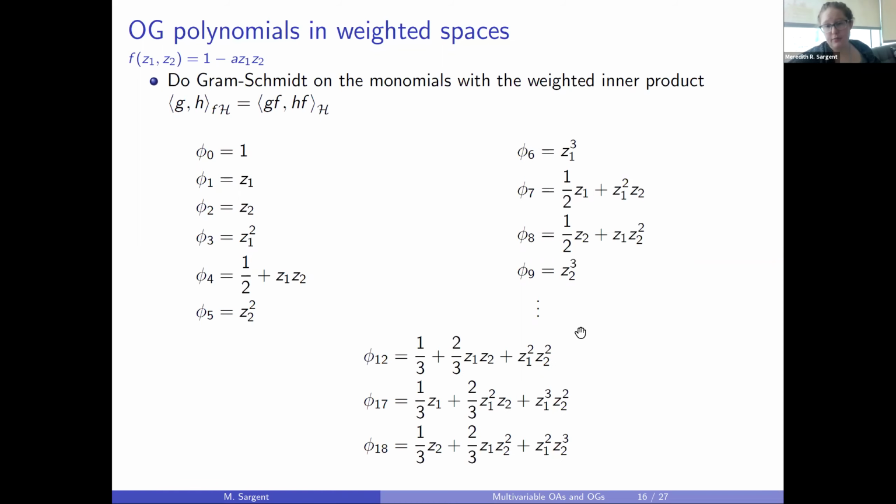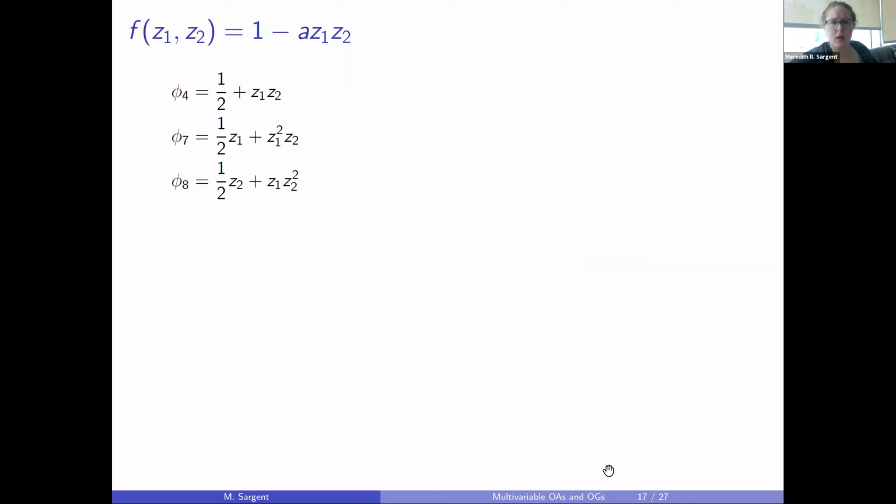And if you continue, you'll see again, there's a pattern. Here I'm doing Phi12, Phi17, Phi18. Notice that looks kind of like what we've got with Phi4, Phi7, and Phi8 here. I have basically the same coefficients, and then it's just a matter of a different multiple of Z1 or Z2. Let's examine these more carefully. Let's start with our Phi4, Phi7, Phi8.